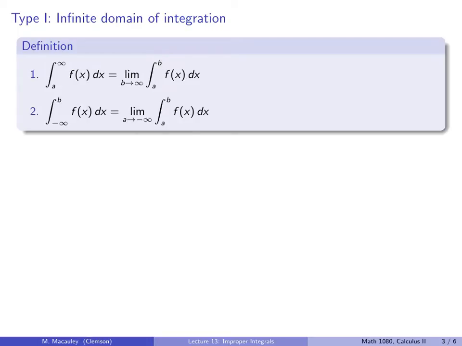Secondly, if the negative infinity is in the lower limit, then the integral is defined to be the limit of the integral from a to b as a goes to negative infinity. Okay, so let me sketch pictures of this. The first one says we are going to fix a, and then b is the thing that's going to go off to infinity, and we are measuring the area under the curve.